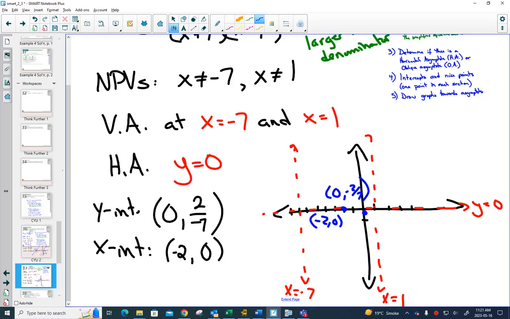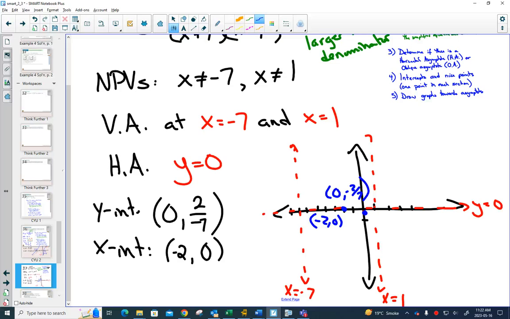Vertical asymptotes are for non-permissible values, and your graph can never, ever go through a vertical asymptote. However, horizontal asymptotes just tell you about end behavior. Sometimes a graph goes through a horizontal asymptote in the middle section. Totally fine. So all that we know right now is this is our only x-intercept, that's our y-intercept.